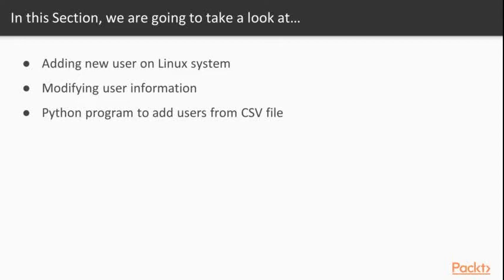So we'll take an existing user and we will try to modify some information concerning that particular user. At the end, we will write a Python program that will fetch data from a CSV file, and based on the content of that file, in which there will be user and password, we'll create a lot of users, and this process will be automated using Python code as well.